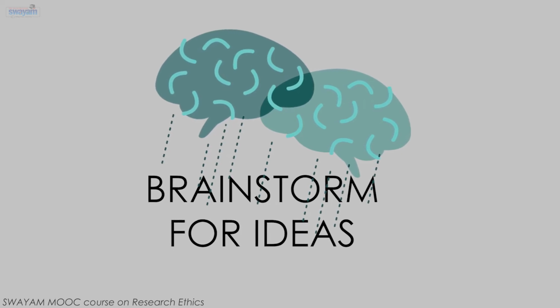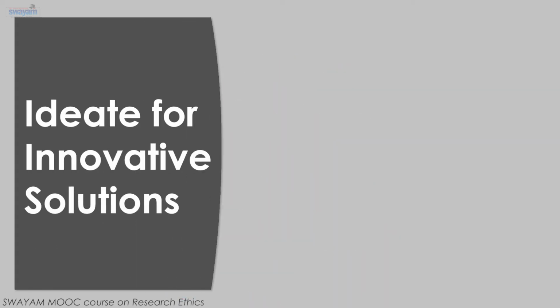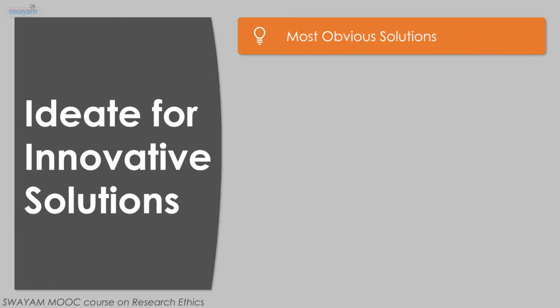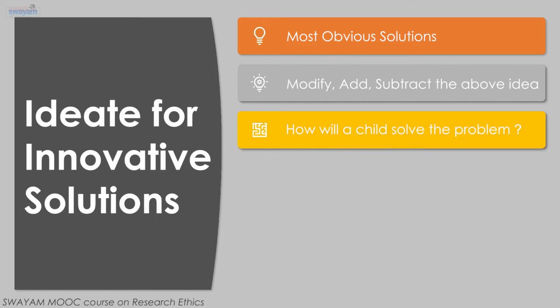Here is one method for developing many ideas. Get a paper and pencil and start brainstorming. Make a list of the most obvious solutions for the problem. Next, modify, add, subtract the above ideas and make them different. Think, how will a child solve this problem?